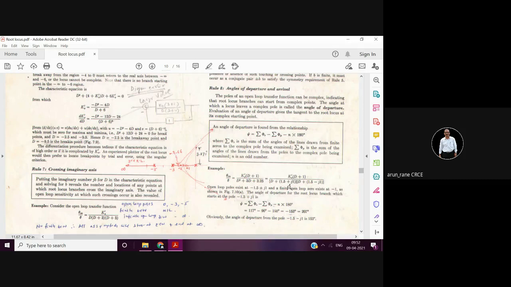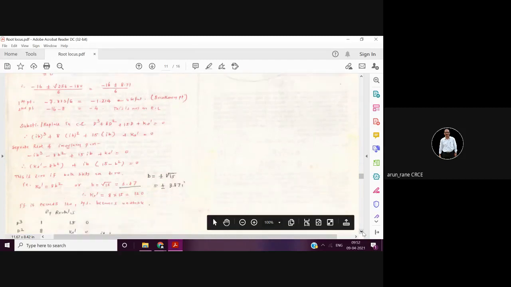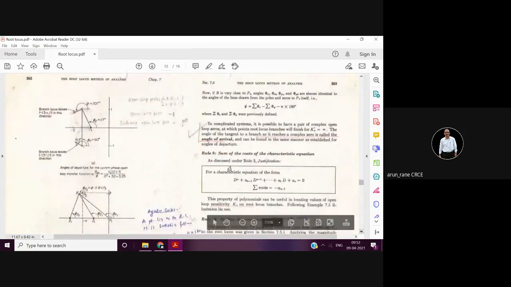And what will be your complex pole? The complex pole will be the opposite, minus 1.5 plus or minus j. So this is your complex pole, and this cross is your finite zero.